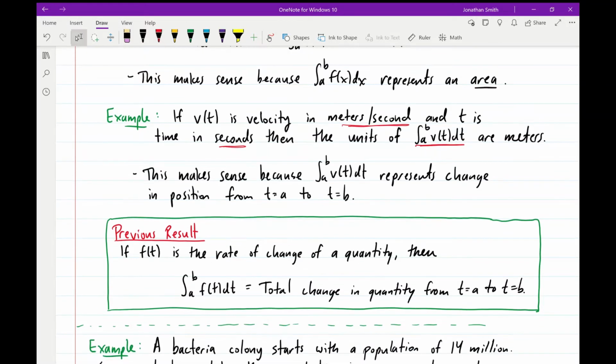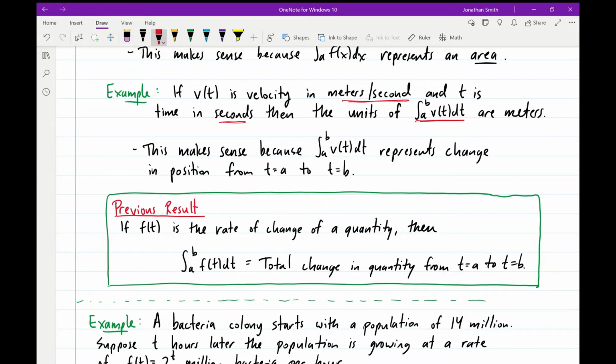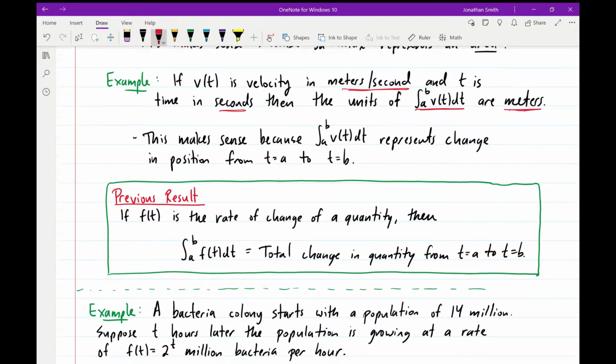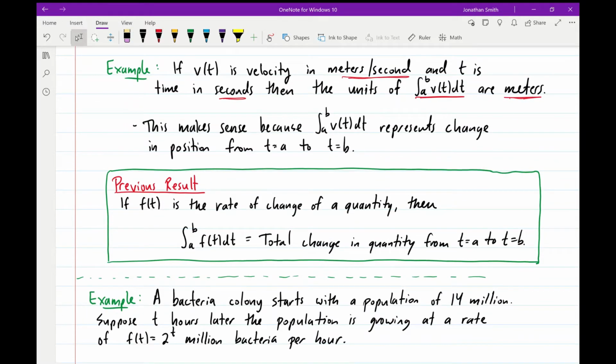And again, this intuitively makes sense because all the way back in section 5.1, we said that this integral, the Riemann sums of v of t, represents the change in the position of whatever object is moving with that velocity. So if we're looking at change in position, we would measure that with some kind of length measurement, in this case meters. So again, intuitively, this checks out.